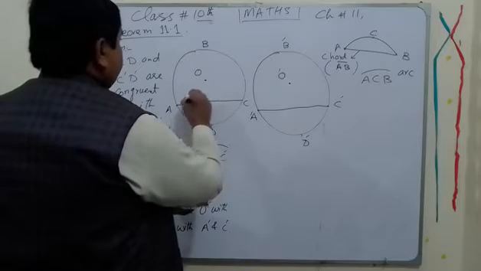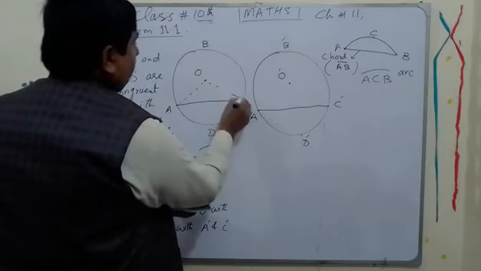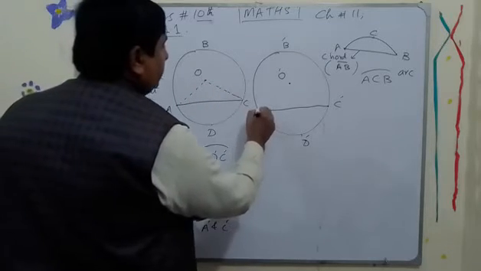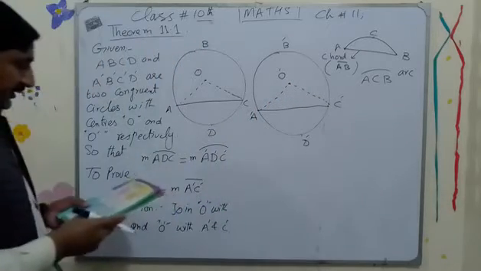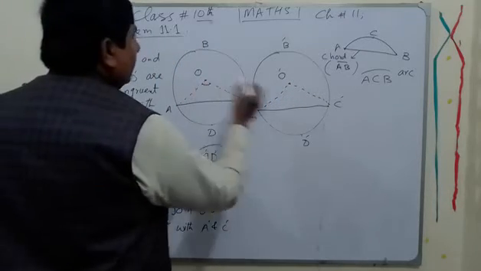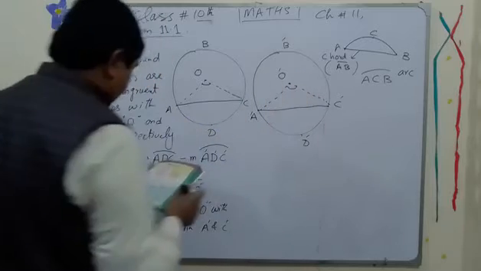Look at this, right? Fine. So that they are making an angle. These are called central angles.